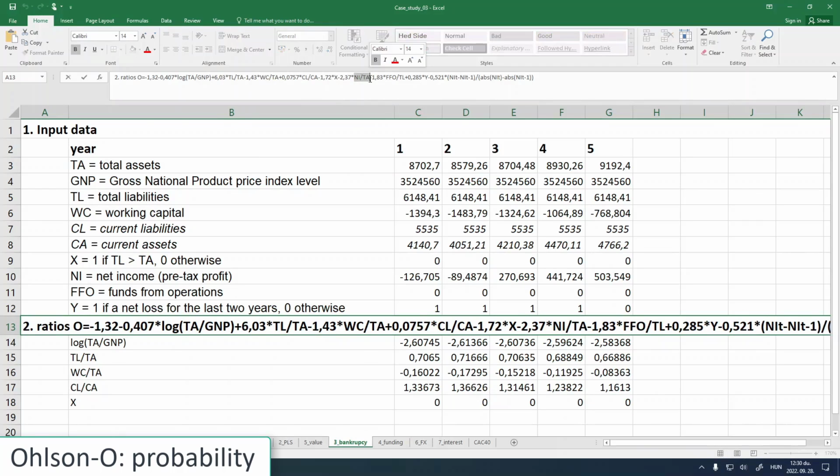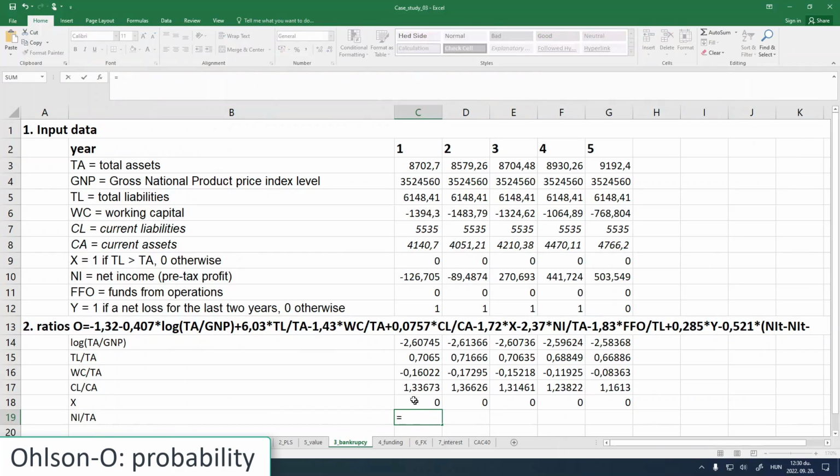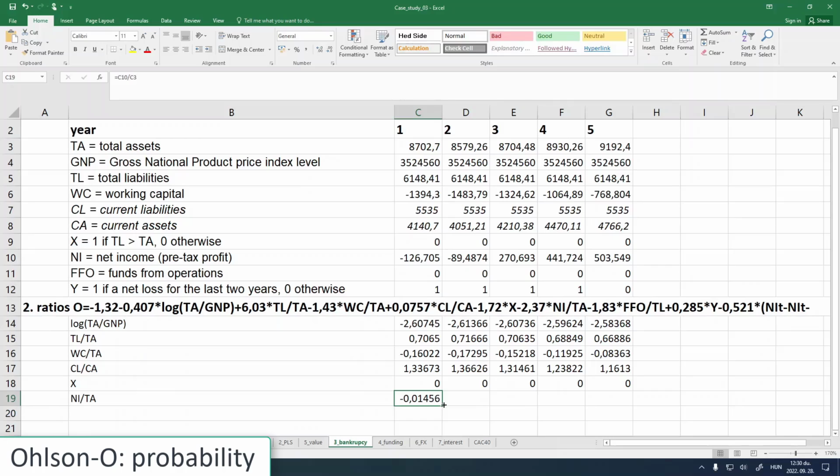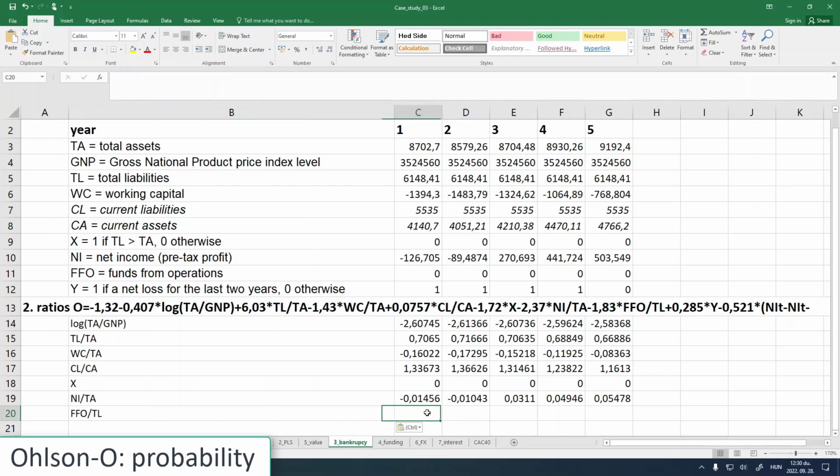Then net income to total assets. So if we are making any profit, then how it's related to the size of the company. So it's some kind of efficiency. Then funds from operation to total assets. You know that right now it is zeroed out, but maybe in the future we can improve this.